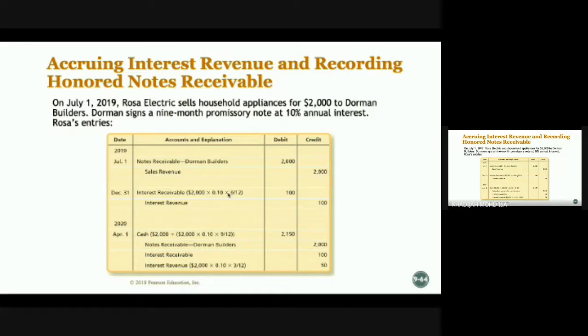You receive 2,000 plus 150 interest. Notes receivable, you credit because you are going to close that note receivable. Interest receivable is the one that you recorded during December, and interest revenue is the one for the period from January to March 31st, 2020. That is the balance of the 3 months which is not yet recognized.